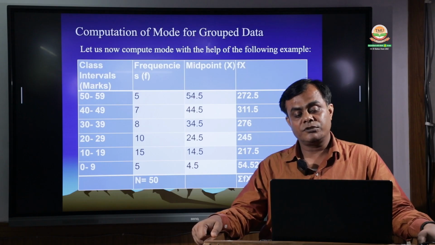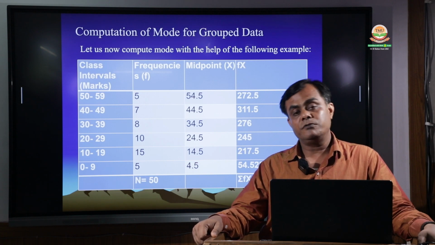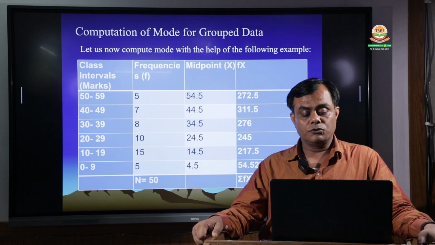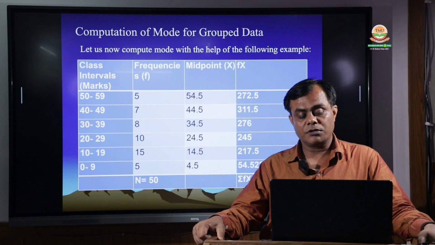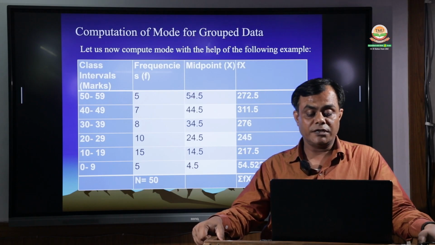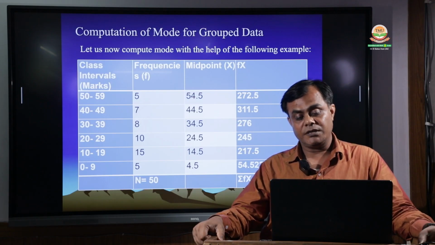And the last, the sixth class interval, is 0 to 9 with frequency 5. Frequency simply means the number of scores that come under the interval. The highest number of scores come within the interval 10 to 19, and the lowest within 0 to 9 and 50 to 59.